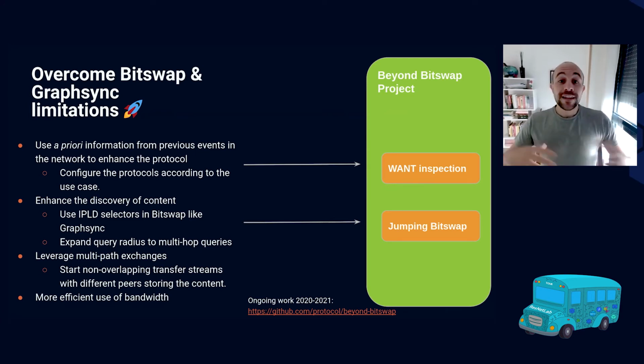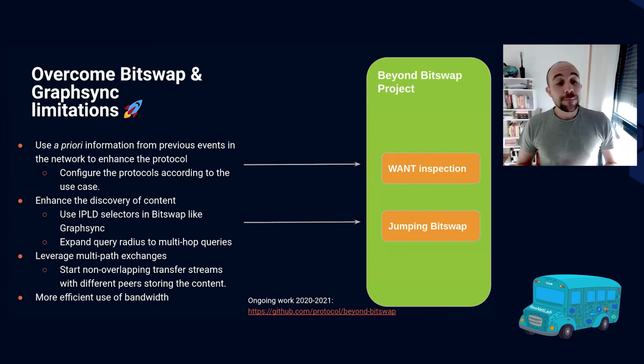We could send IPLD selectors to everyone of the content that we're interested in and receive partial responses so that we can make decisions about what streams of content we can start. So mixing a bit Bitswap and Graphsync. And for these, there are a few RFCs in this repository that you can see in the link in the bottom that you can read in order to see what we are suggesting.